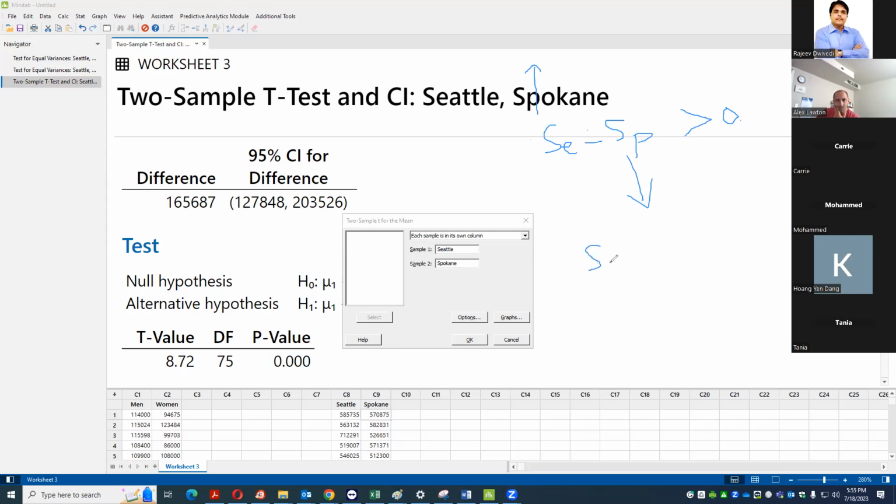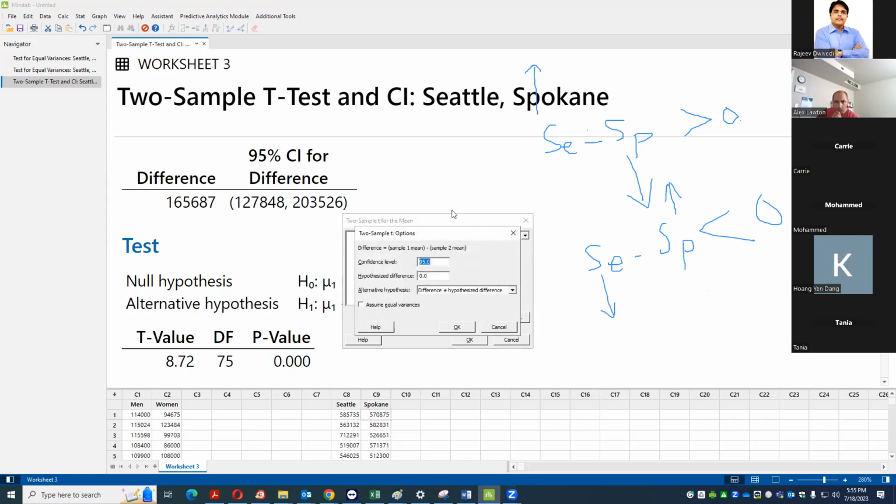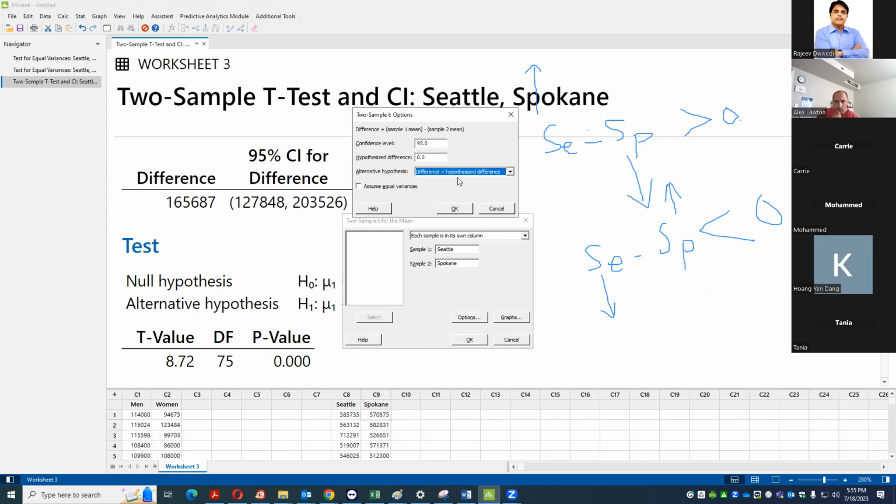In the second condition, if Seattle minus Spokane needs to be less than 0, that means Spokane prices must be higher and Seattle prices lower. So you can assume what we are going to see. This is the first case.